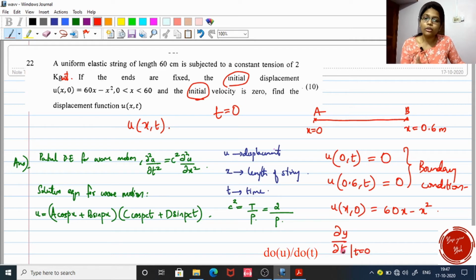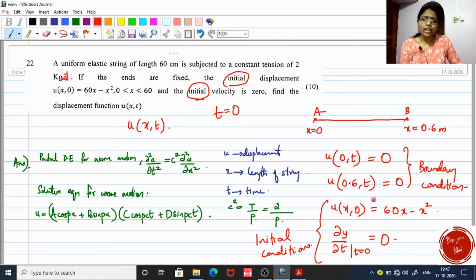These are the two conditions when time is equal to 0, so we call them initial conditions. So we have got 4 conditions: 2 are boundary conditions and the other 2 are initial conditions.